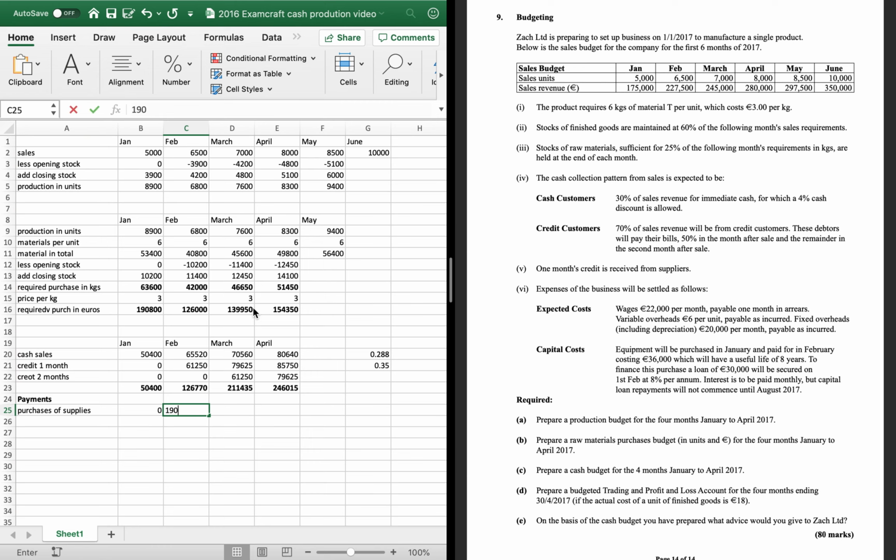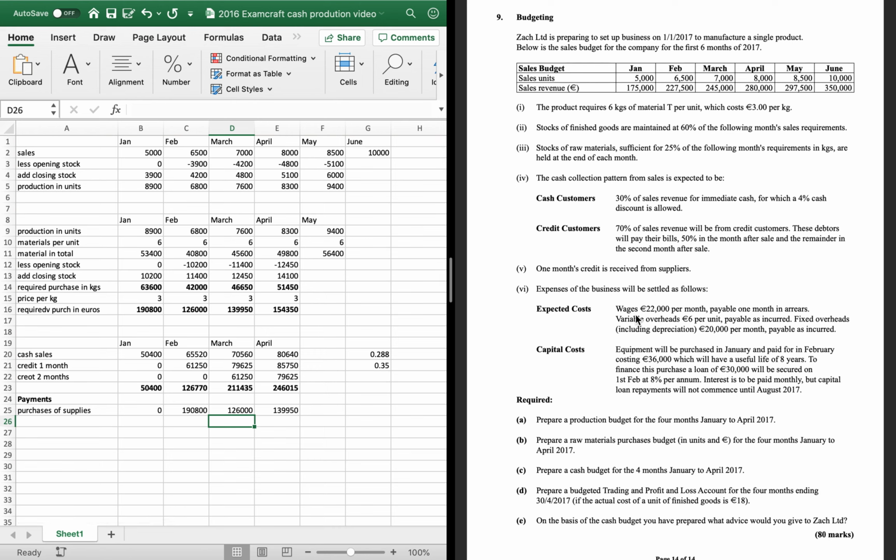The January 190,800 from there, that's what we're buying. That gets paid for in February. The 126 from February gets paid in March. And 139,950 gets paid in April. And that's us up to date on the purchases of supplies. So we move on then to the next one.